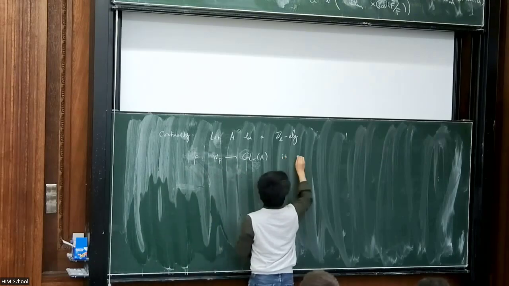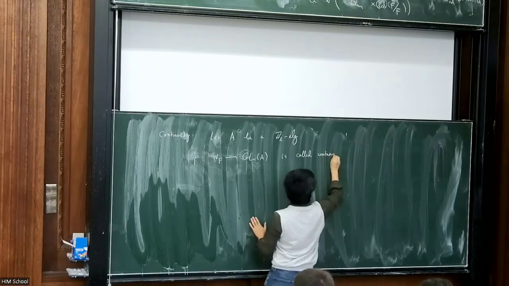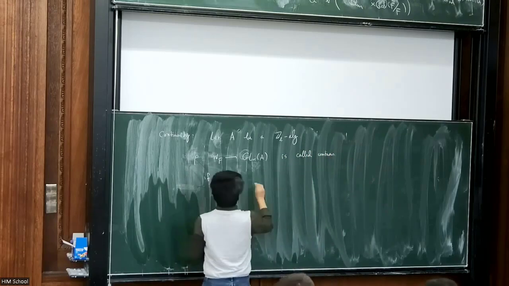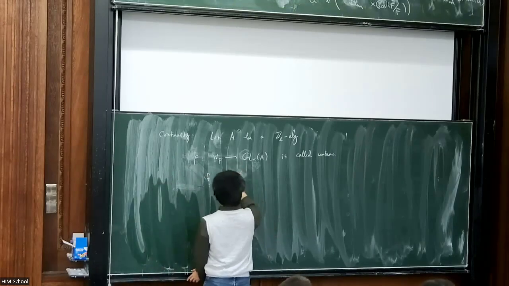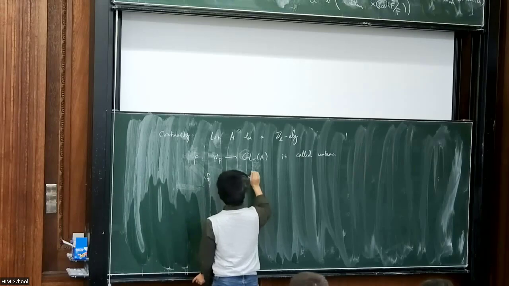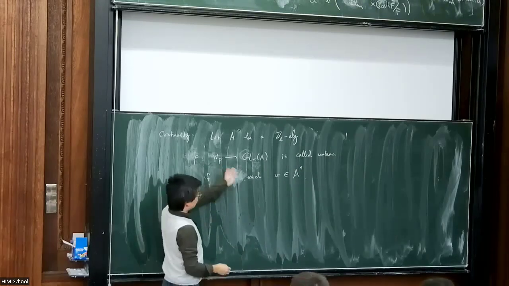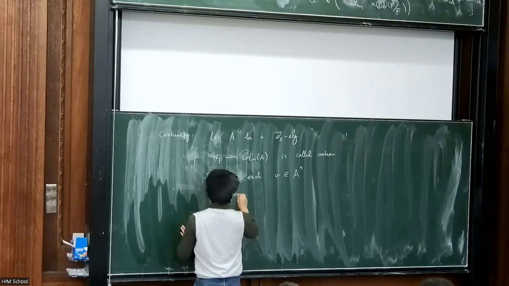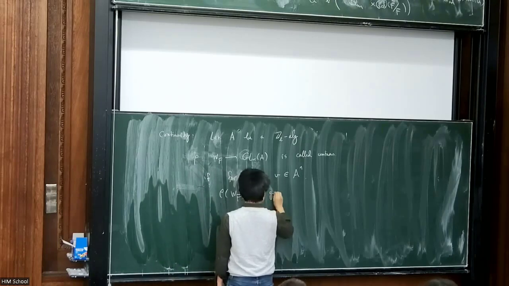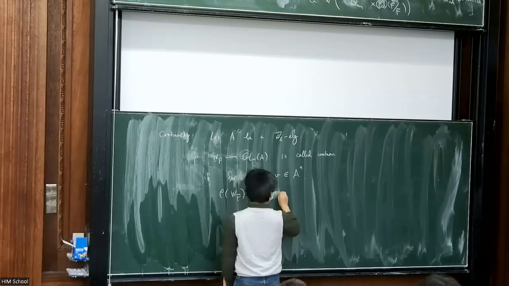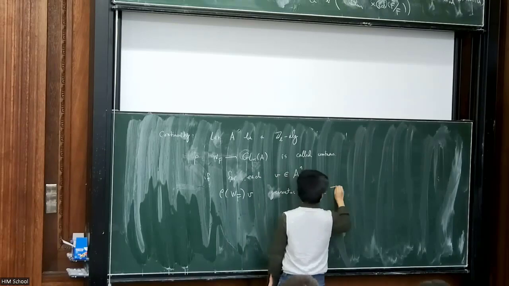It's called continuous if, for each vector v in A^n, the Weil group acts, and rho(W_F) v generates a finitely generated Z_l module.